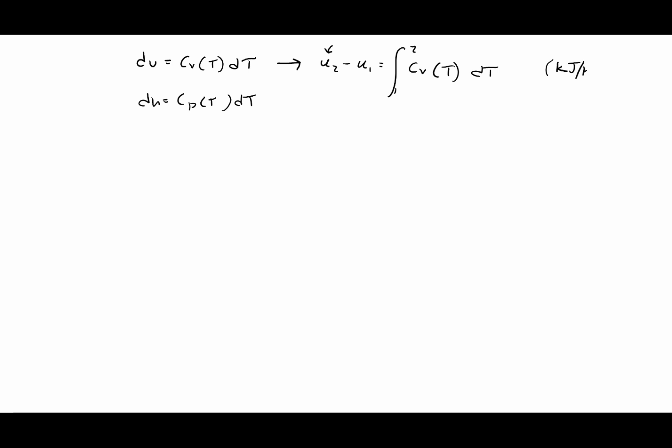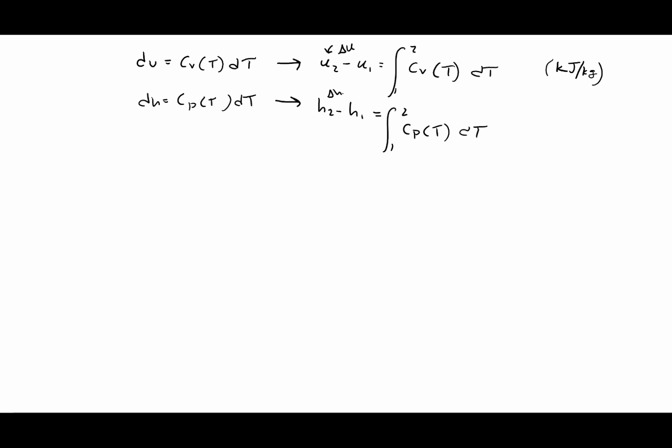And then H2 minus H1 is equal to the integral from state 1 to state 2 of C sub P of T dT. This u2 minus u1 is delta u, and h2 minus h1 is delta h. So now we have equations we can use to calculate delta U, the change in internal energy, and delta H, the change in enthalpy, for an ideal gas.